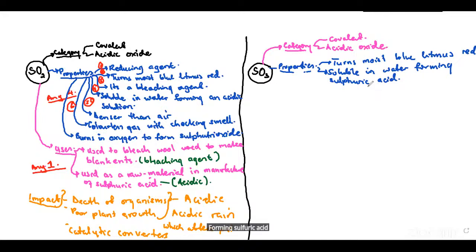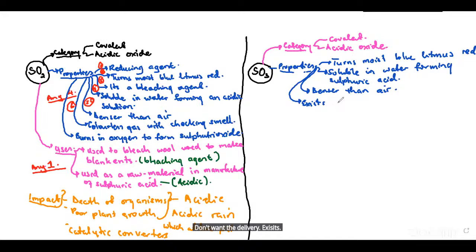Although the reaction is too exothermic, that's why we don't use it in the contact process, because it will explode and the heat will not be accommodated normally. This gas is also denser than air. That's why it is collected by downward delivery.